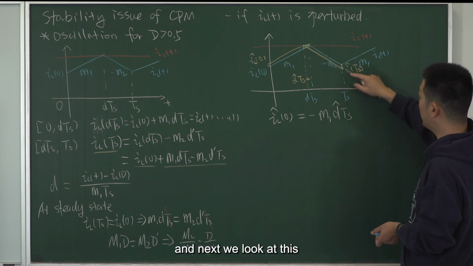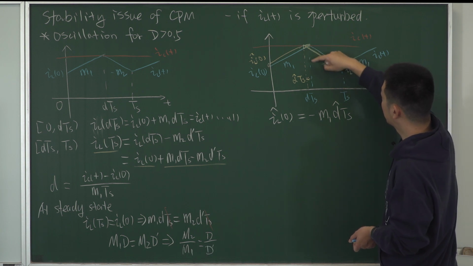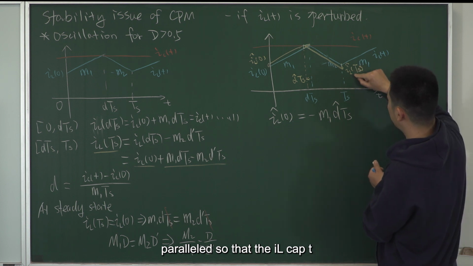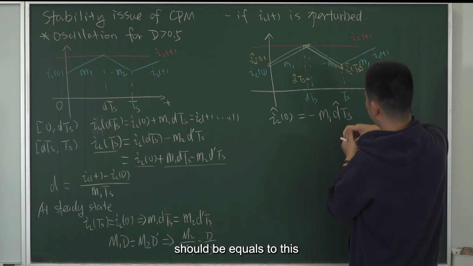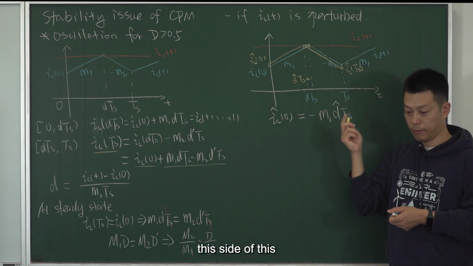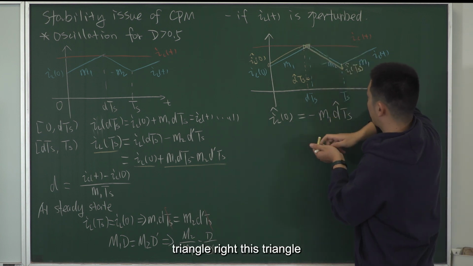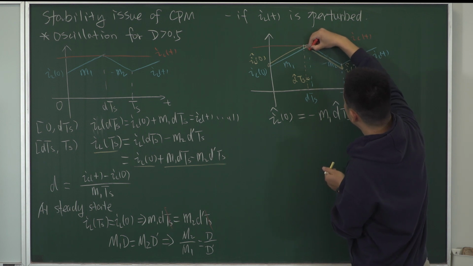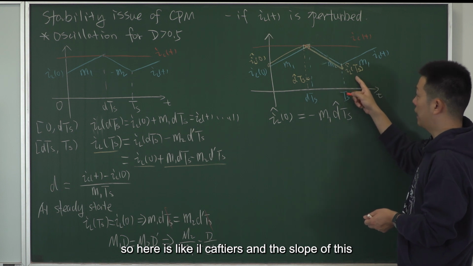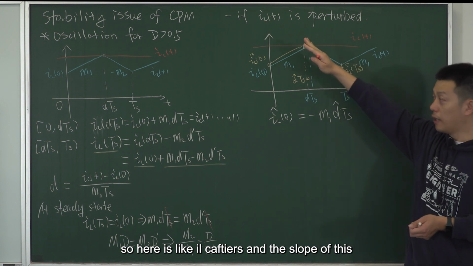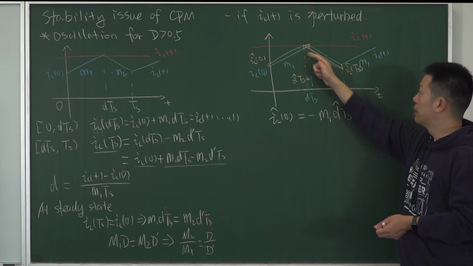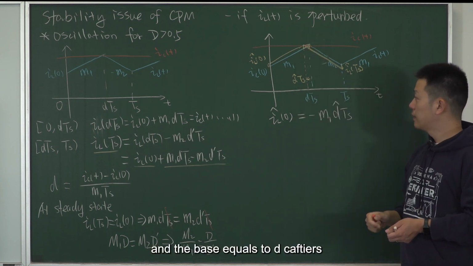Next, we look at this shape. It's also parallel, so IL cap Ts should equal this side of this right angle triangle. Here is IL cap Ts, the slope of this side is minus M2, and the base equals d cap Ts.